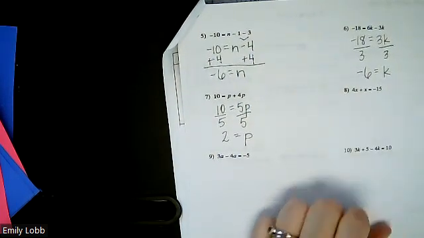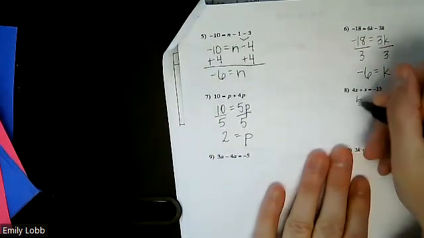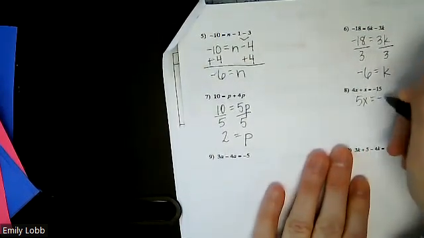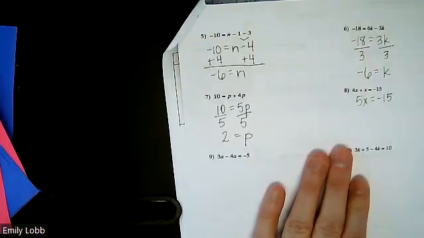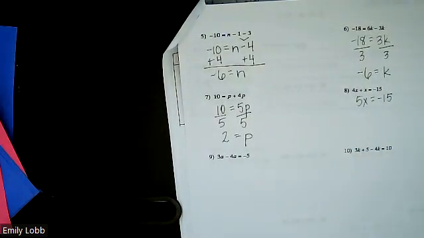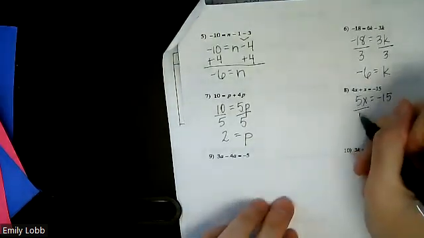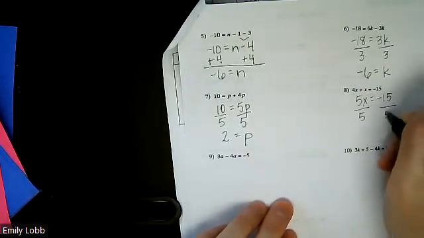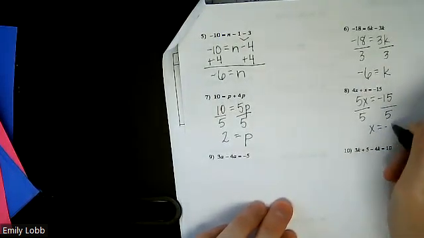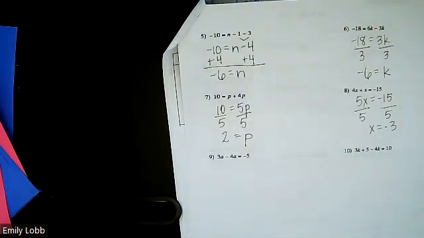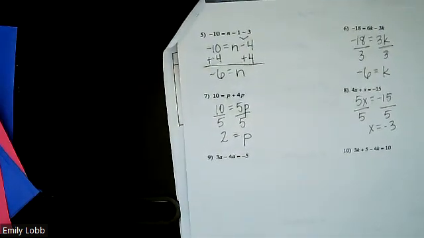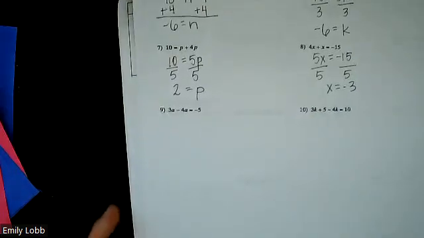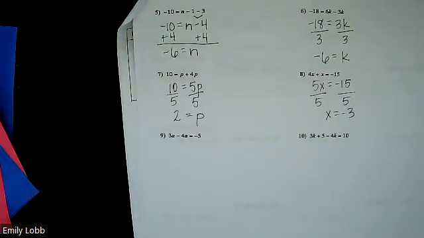4x plus x is 5x. Bring down the rest of your problem. We have a one step. We're dividing by our coefficient. So x equals negative 3. This one's a little tricky.